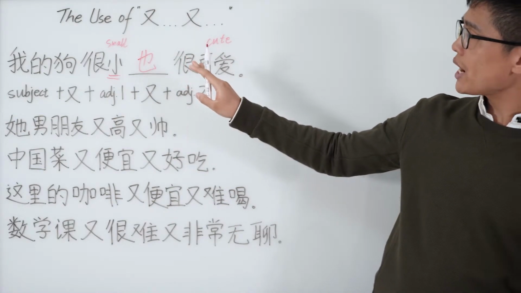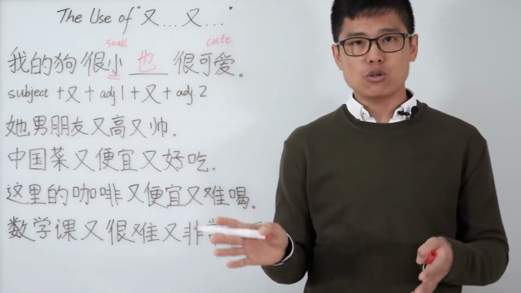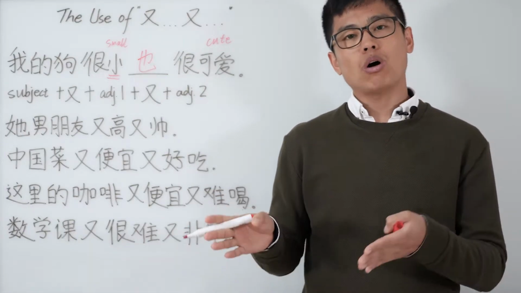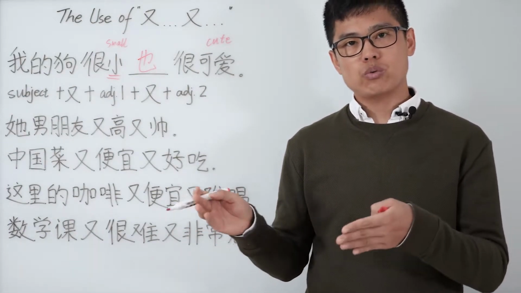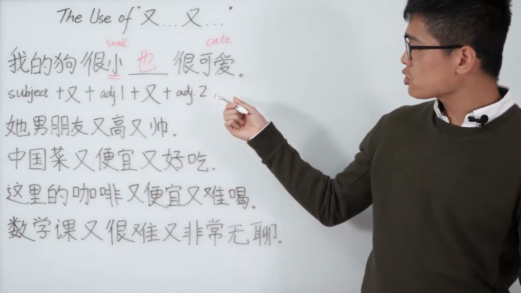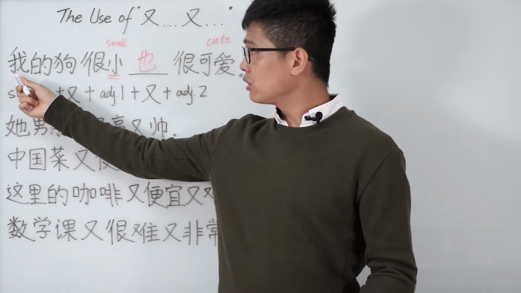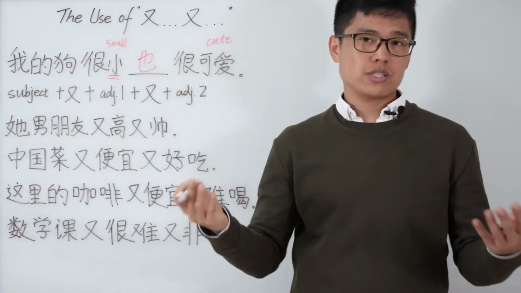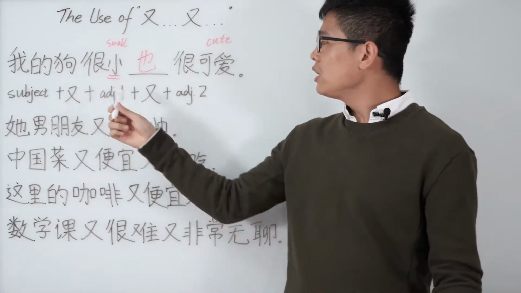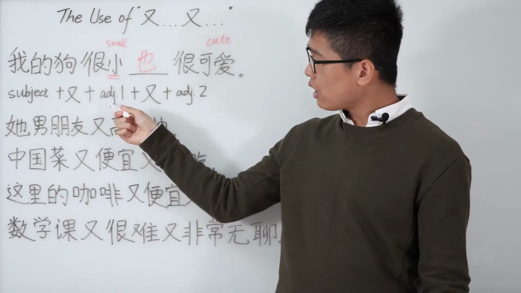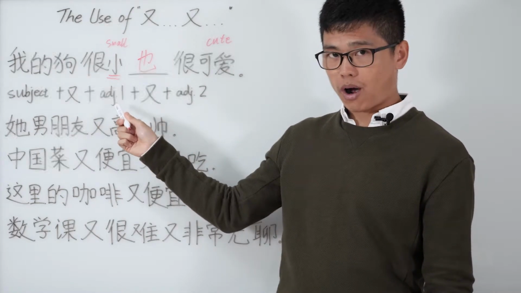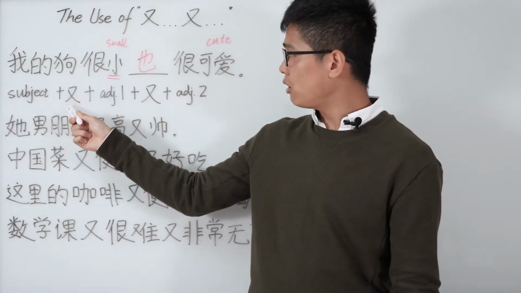So in Chinese, yo yo is a phrase for you to use when you want to describe something with two adjectives. So here's a structure I list for you. Subject, in this case, 我的狗 is the subject, right? My dog. Yo, and adjective 1 follows the first yo.